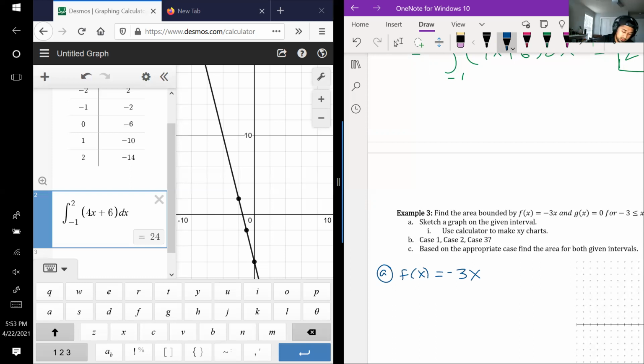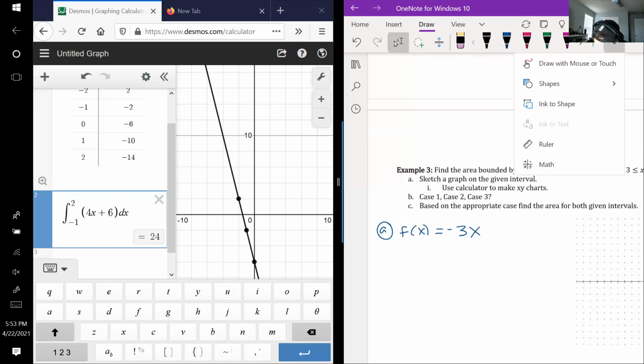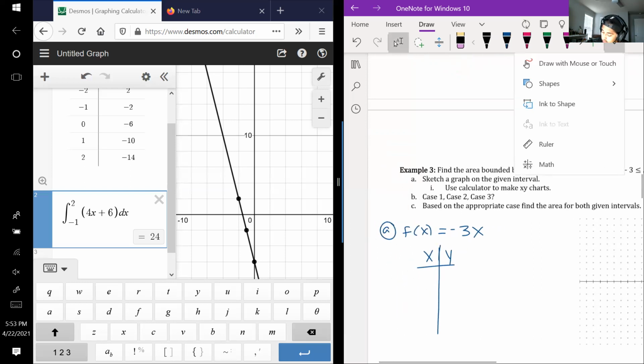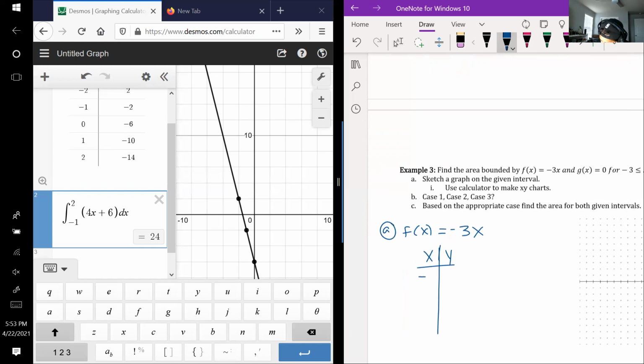And then make my XY chart. And here we go from -3 to 2. So -3, -2, -1, 0, 1, 2.